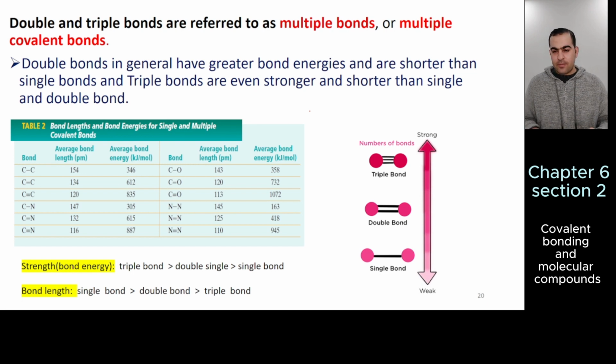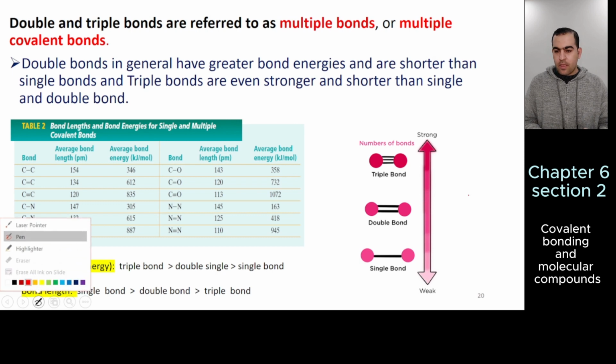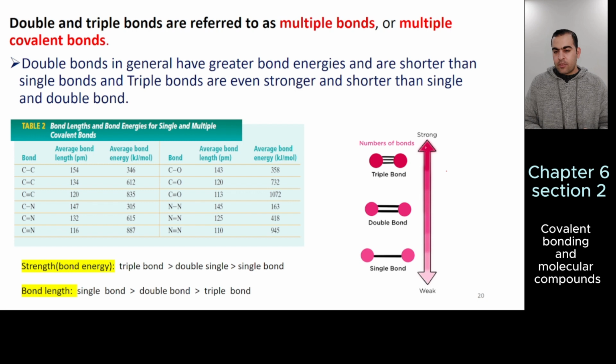What does it mean? Look here. Which bond is strong? Triple bond. Strength increases going one way and decreases the other. So triple bond is stronger than double, and double is stronger than single.